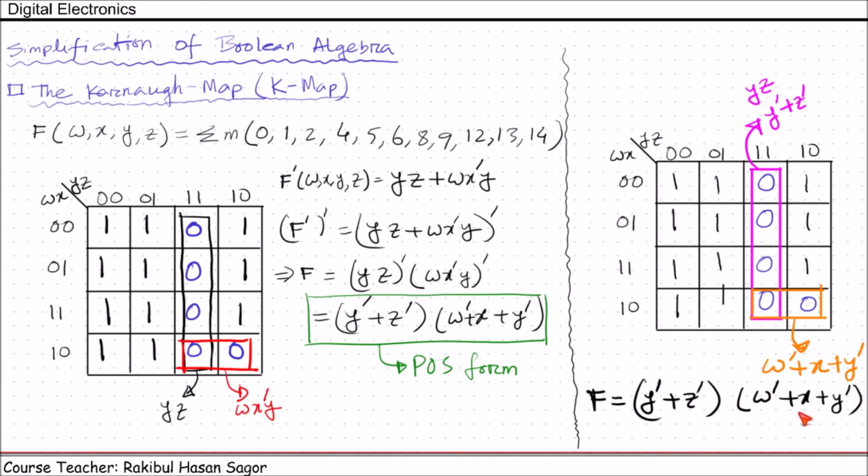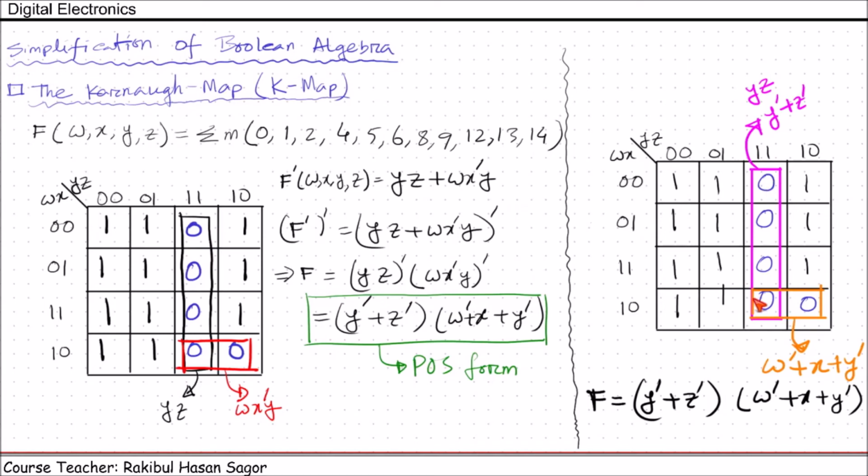Let me repeat the procedure. If you are given a function in sum of minterms form and you are asked to express the simplified version of this function in POS form, what you can do is map the ones from this sum of minterms form. Then the remaining boxes will be for 0.